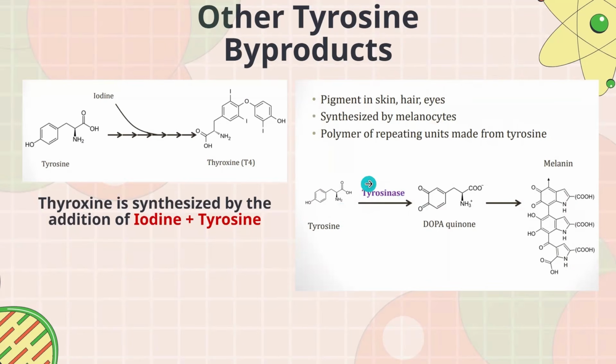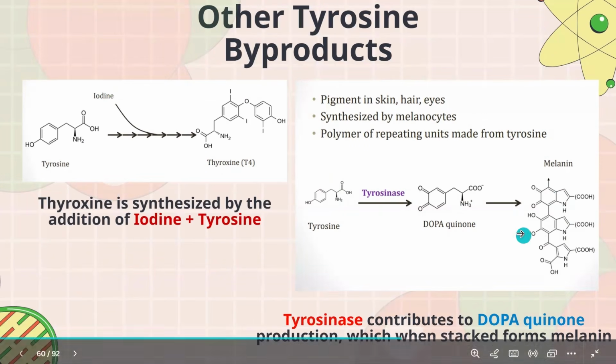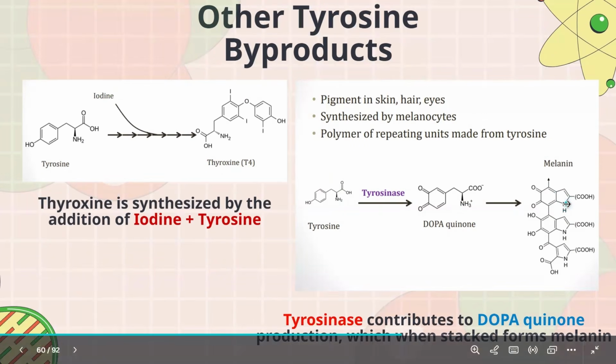It's very important, by the way. Please remember this because it was asked about before multiple times in TBL. Tyrosinase converts tyrosine to dopaquinone, and then dopaquinone forms this repeating unit to form eventually melanin. Just know tyrosinase is important. Tyrosinase contributes to dopaquinone and eventually melanin.